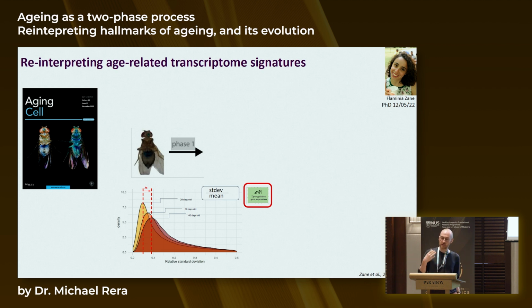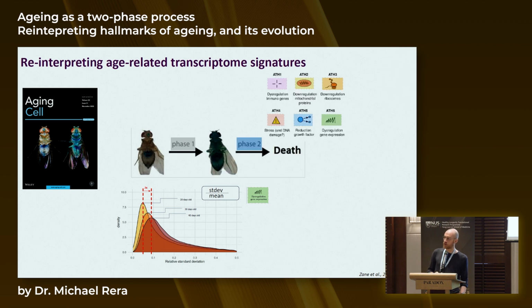And the idea now is that as this noise increases up to a threshold, then individuals undergo a sharp transition that leads to the 3,000 plus genes that are differentially expressed in Smurfs compared to non-Smurfs, and amongst which are found the 6 transcriptional hallmarks of aging that were published by Frank and collaborators in 2018.